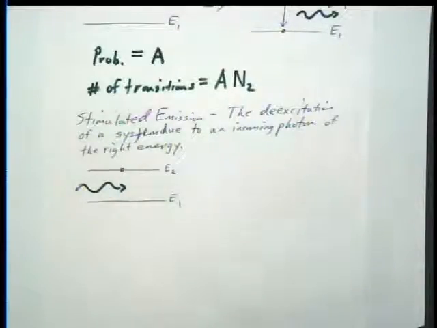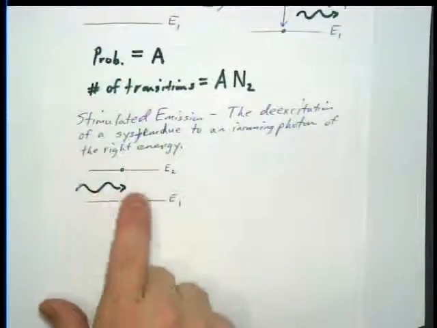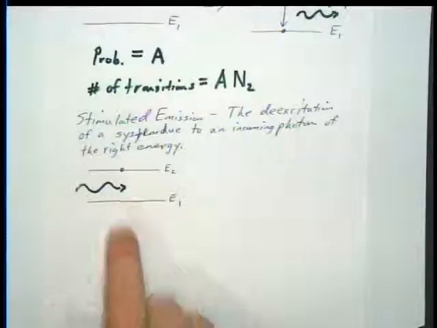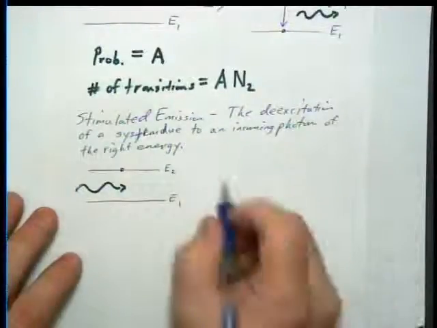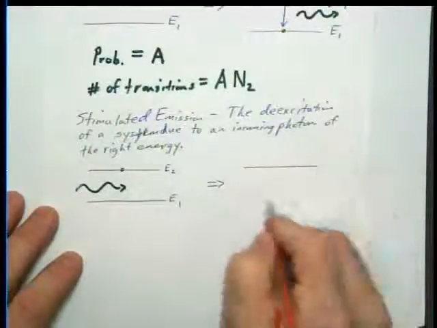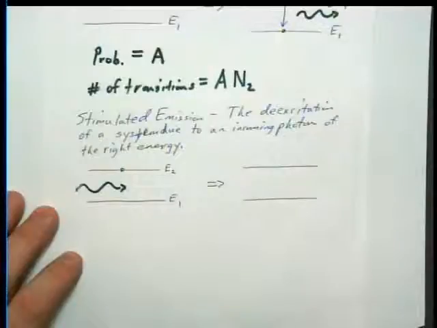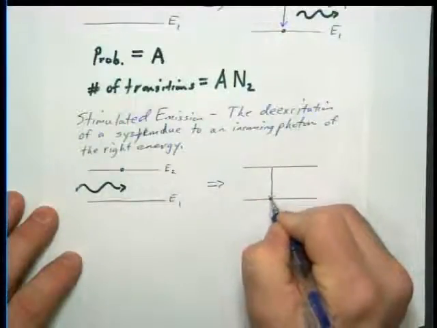And it tickles that electron. And that electron is so enamored with this beautiful photon that it decides to fall down and emit its own photon. Electron goes down like this. Wow.